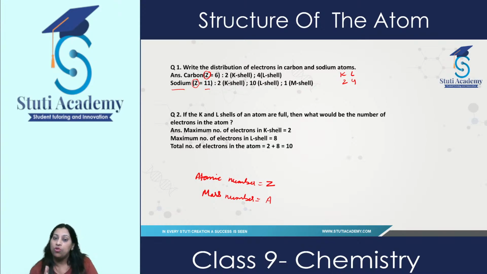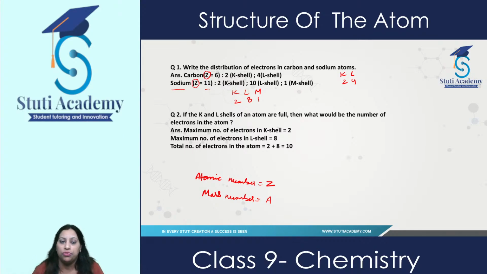So that's why I'm saying you'll need to learn their atomic number. And this entire electronic configuration is based on their atomic number only. KLM, it's 2, 8, and 1. Or you can write the electronic configuration. So this is the distribution of electrons in different energy shells or in the different orbits.